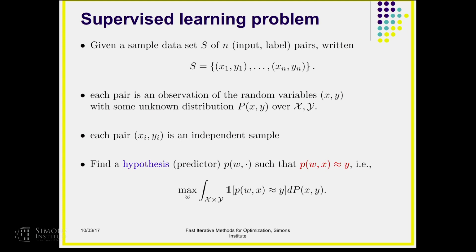Usually we need to narrow down our class of predictors to some particular class parameterized by W. In linear predictors, W defines the hyperplane. In neural networks, it's all the weights on all the neurons. Essentially, this is the function whose quality you're trying to measure in terms of predicting your output Y. Then you want to maximize the probability of a good prediction. This is deliberately left vague.